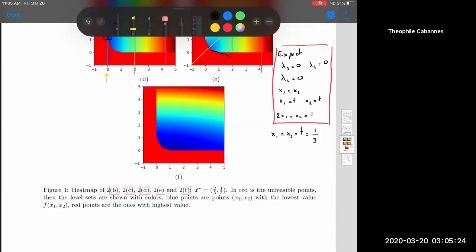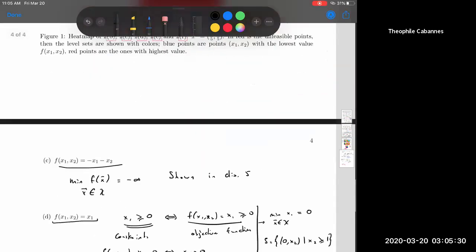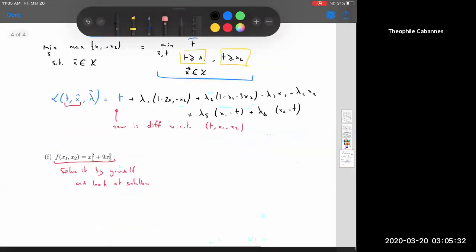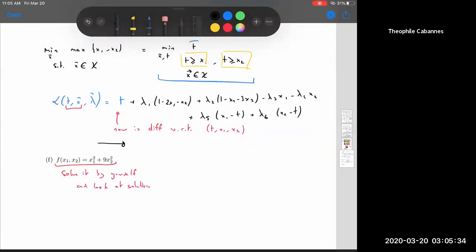So here we expect x1 equal x2 equal t equal 1/3, and then lambda 2 is equal to 0, equal lambda 3, equal lambda 4.